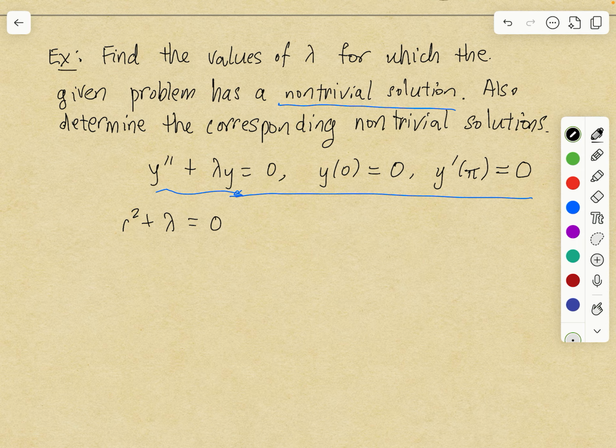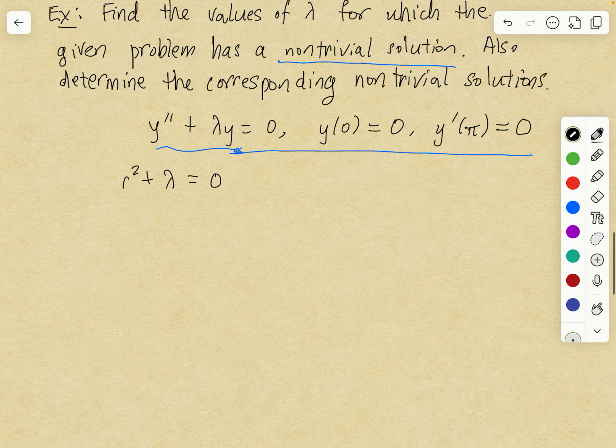So let's work with case 1, which is when lambda is positive. Case 2 will be when lambda is 0, and case 3 will be when lambda is negative. The general solution is going to depend on the different cases.